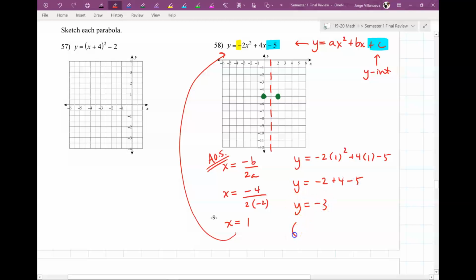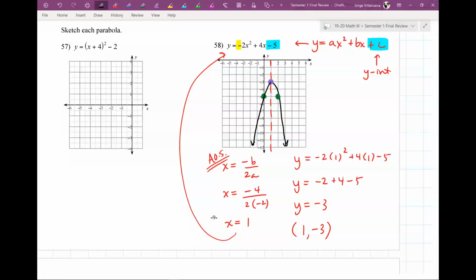So my vertex is 1, -3. So I'm going to put that dot, 1, -3, right here. And all I have to do now is connect the dots in a U shape. And that's my sketch of the parabola.